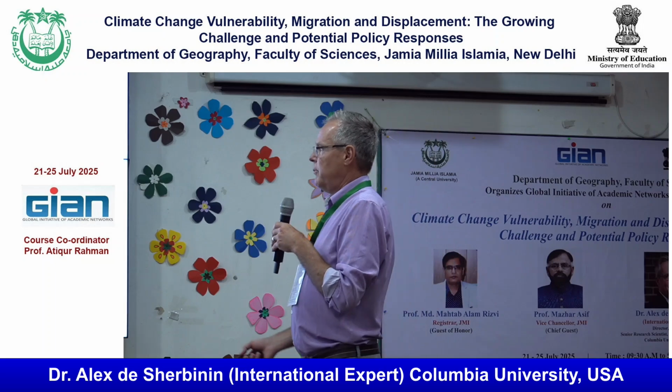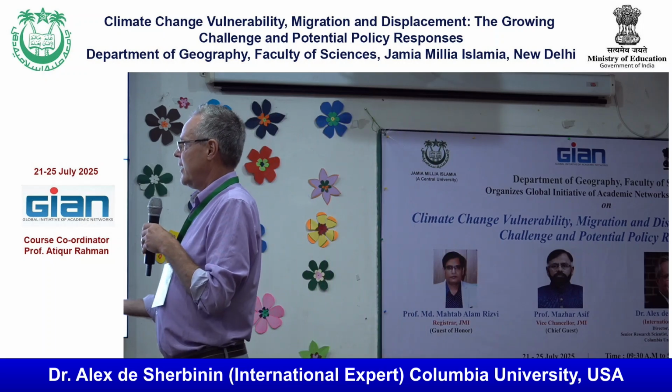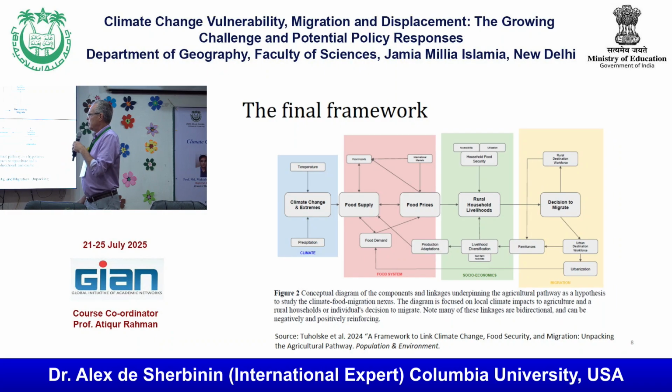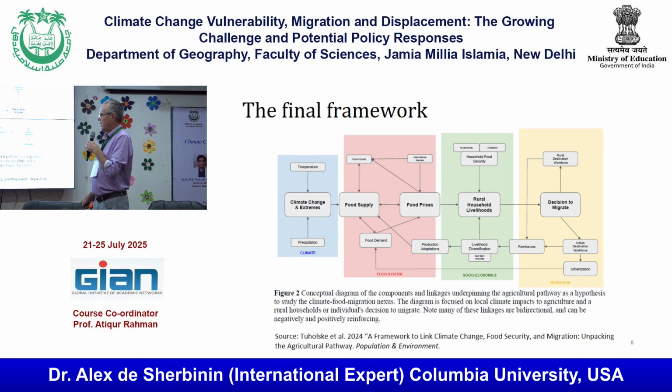But what we ended up working with instead was this causal diagram and framework. I'm not going to talk about it at length because I really want to get into our exercise today. But this is published in Population and Environment, and I worked with the postdoc I mentioned earlier today, Cascade Tucholsky. He's an expert in urban heat and heat stress, but he has also done some work on food security.